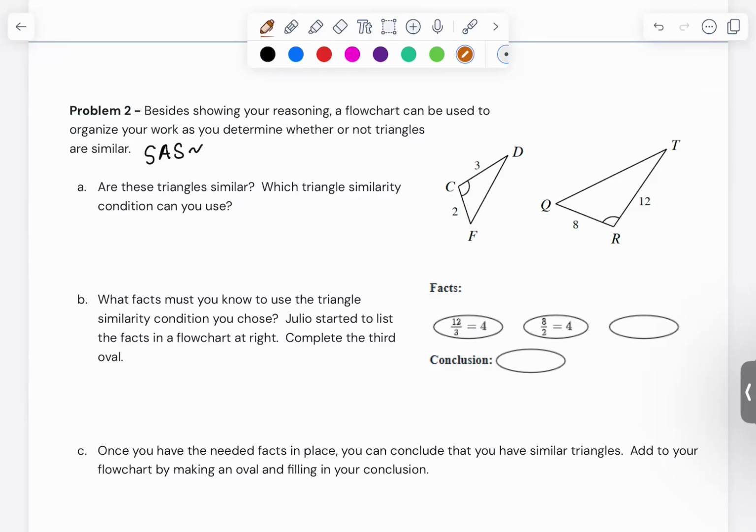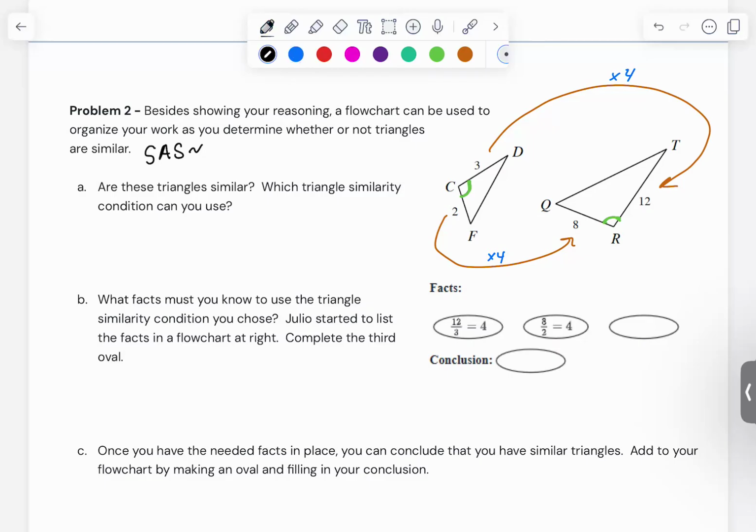So like, for example, we know that 2 is going to go to 8 and 3 is going to go to 12. And we know that C is going to go to R. So we could say that, looking at this, if I multiply by a scale factor of 4, the two triangles are similar. So I'm like multiplying or scaling it by a scale factor of 4.